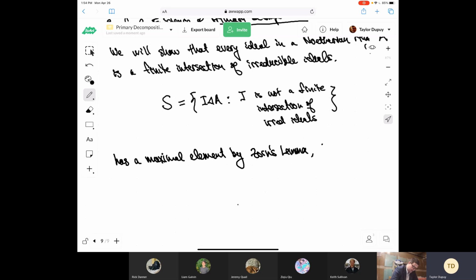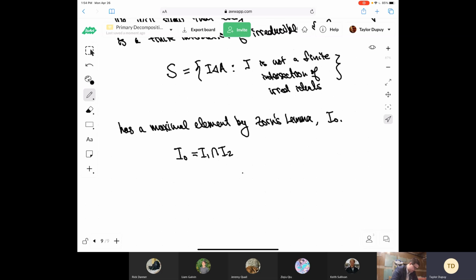And we'll call this I0. So this would mean that I0 is equal to I1 intersect I2, where I1 does not contain I0, and I2 does not contain I0.